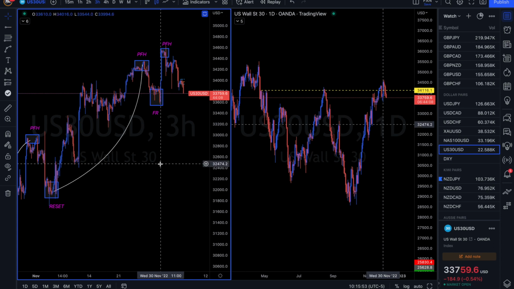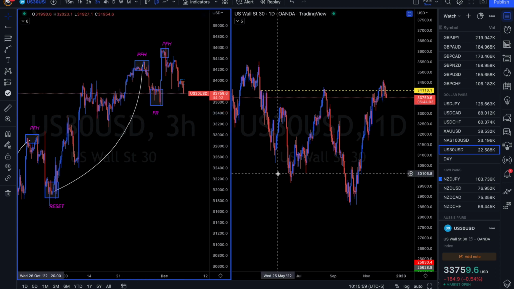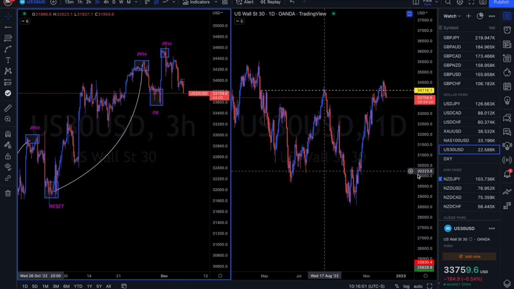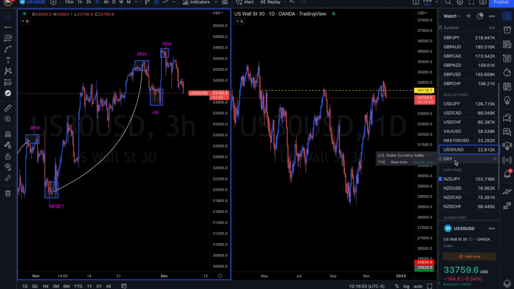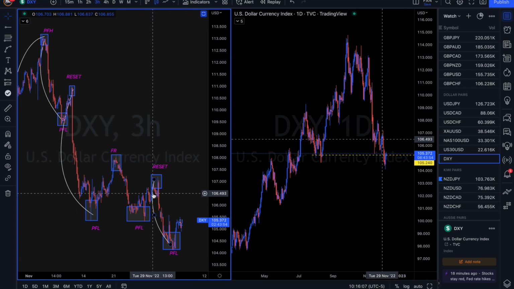So I'm kind of wondering how far down they want to go with this particular dollar strength. That's yet to be seen. But for right now, I'm looking for dollar strength.